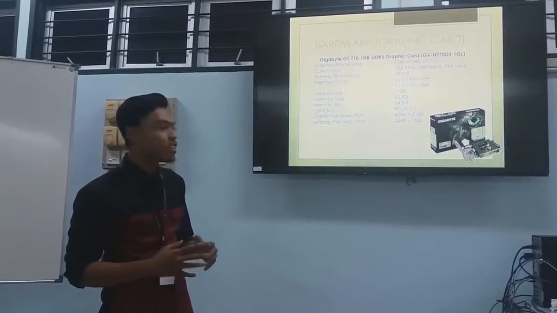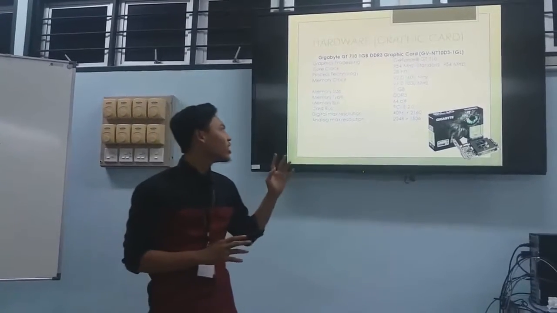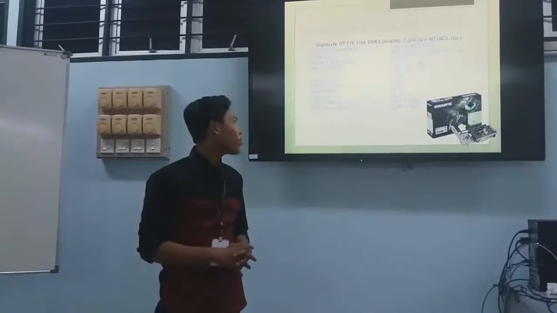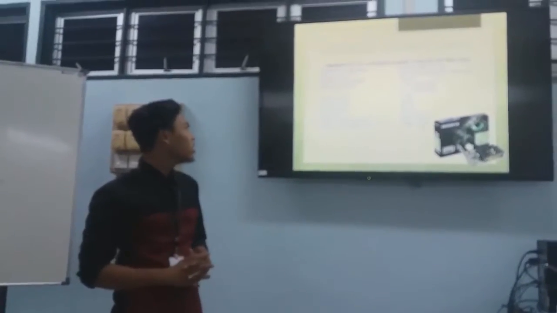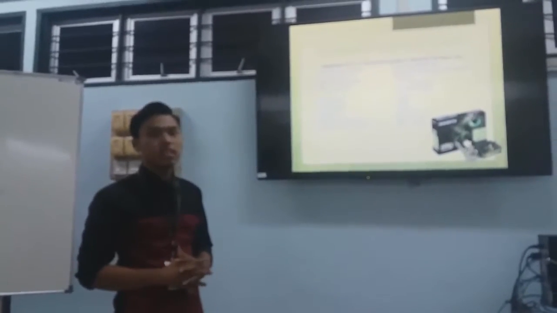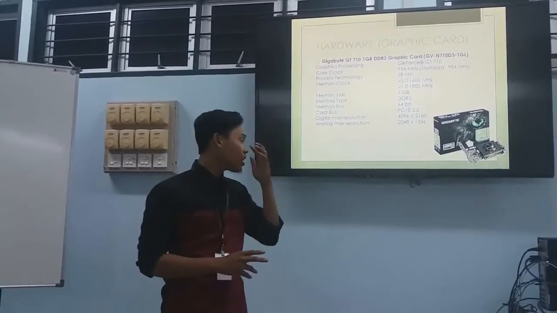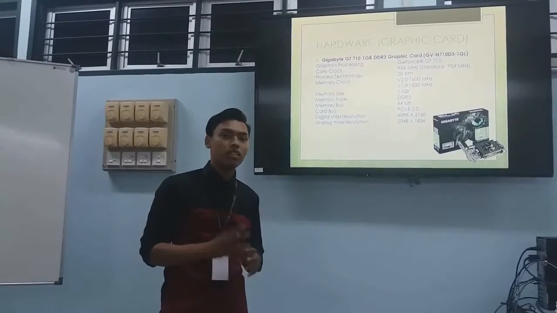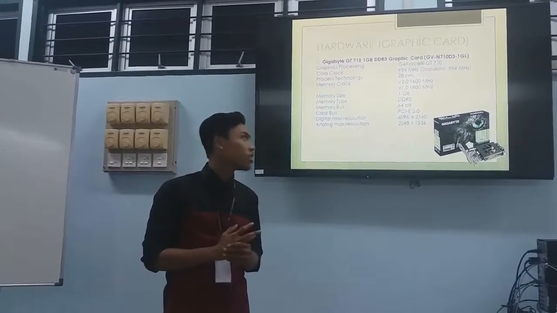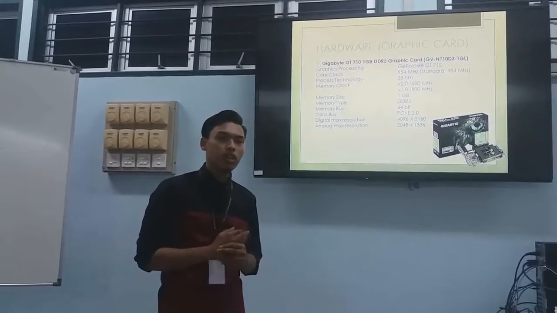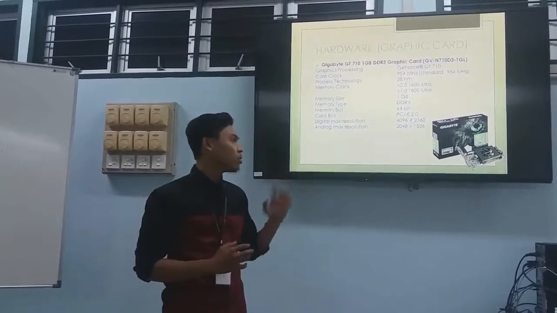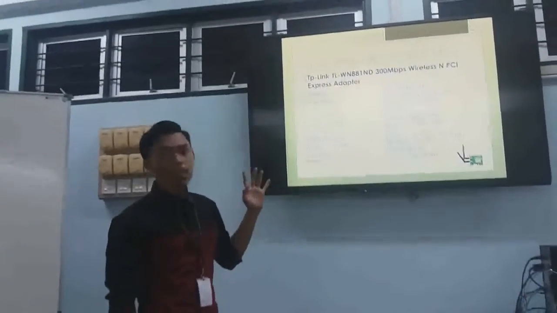For the process technology 28 nm. Memory size 1GB and memory type DDR3. This graphic card is suitable for Lisa to do her homework that uses big software, and gaming. Okay, next for the second hardware, network card.